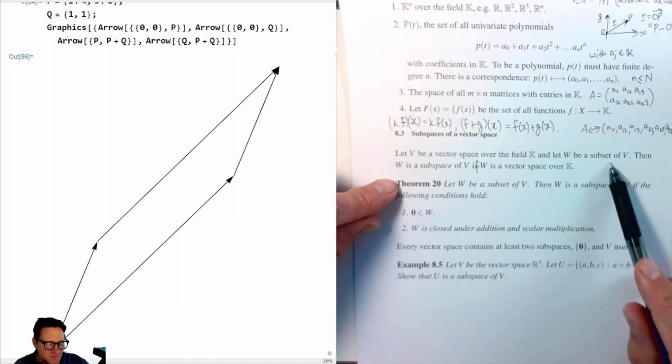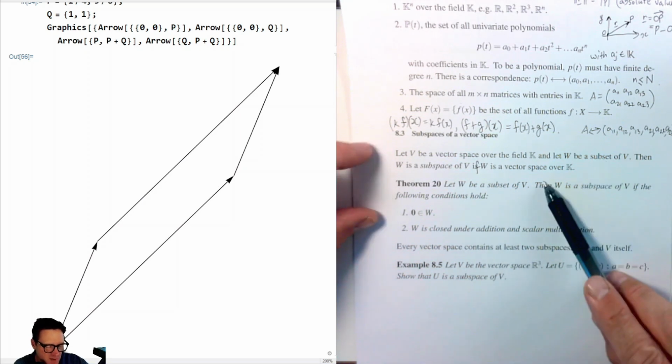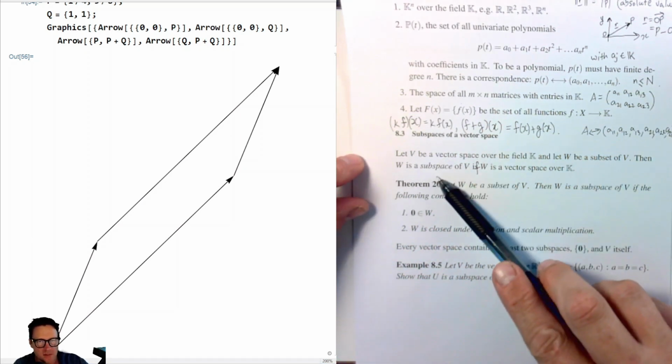So if we have a subset of a vector space and that subset is also a vector space, then it's a subspace.